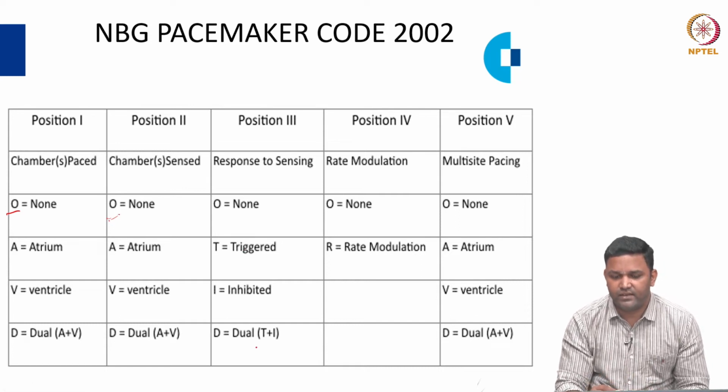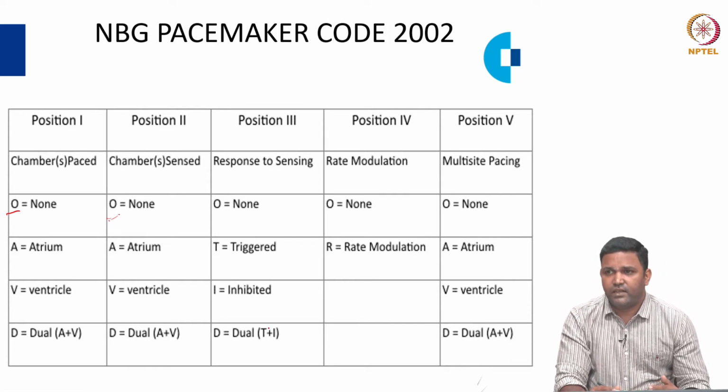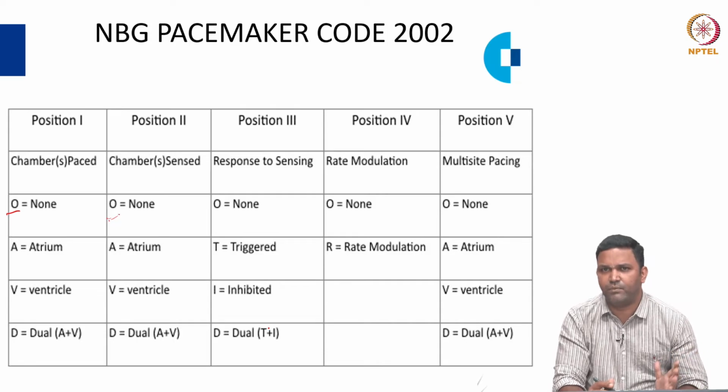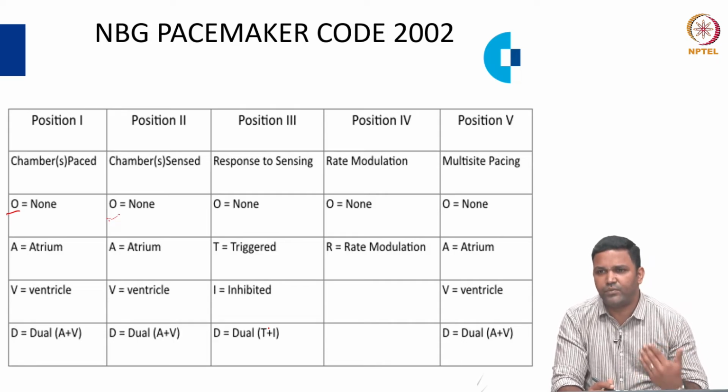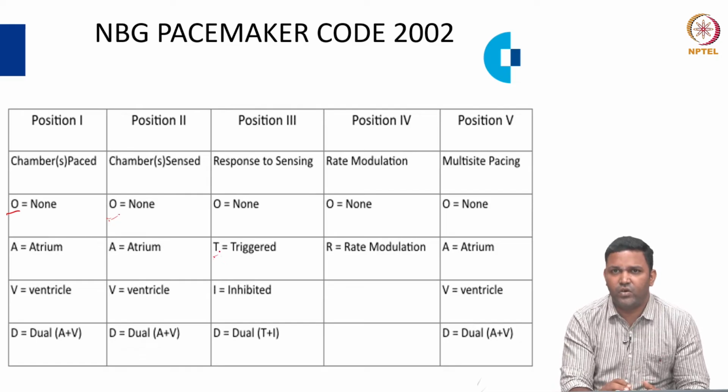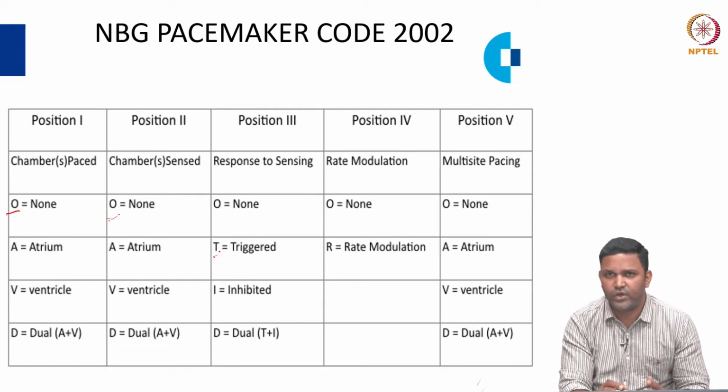And response to sensing, that is whether the pacemaker senses that there is no impulse coming, and it either puts in an impulse or it inhibits the impulse. The pacemaker is bound to provide an impulse, so triggered we generally don't use, because it is its duty.